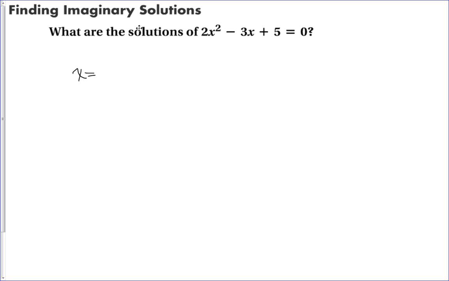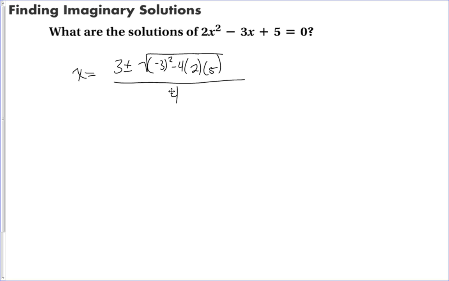All right, I know you know the quadratic formula. So this is going to be x equals 3 plus or minus the square root of negative 3 squared minus 4 times 2 times 5, all divided by 4. All I did was fill into the quadratic formula: negative b plus or minus the square root of b squared minus 4ac, divided by 2a.